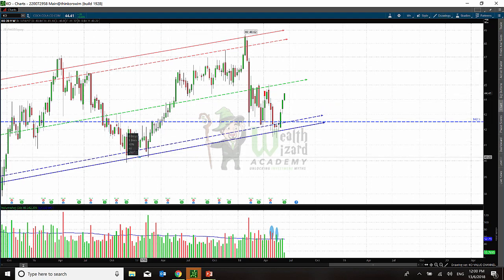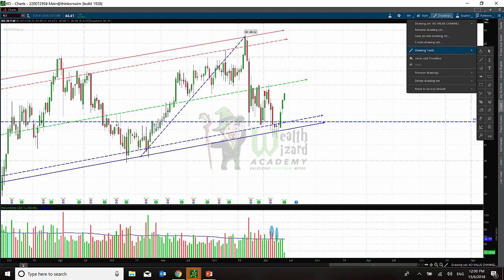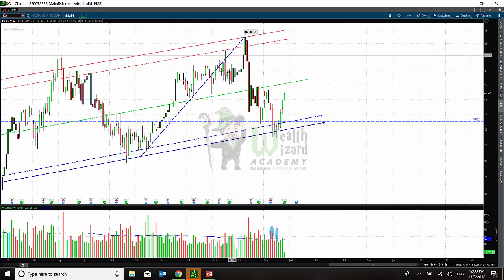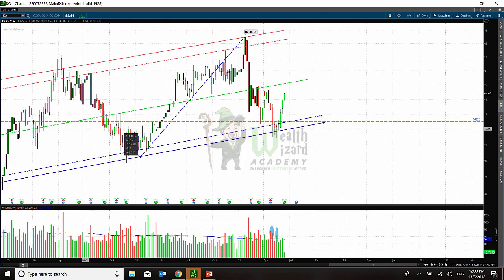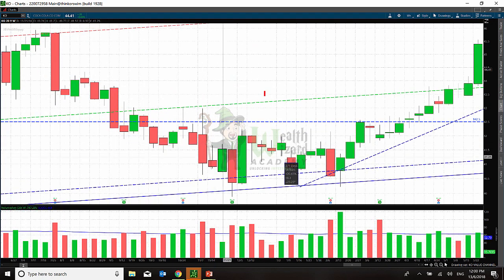So I calculate what the previous price move was. I draw this arrow from the lowest point to the highest point over here. What you can do in the TD Ameritrade platform is double click it, show label, and put it always. So you get this reading which shows how many percent it went up and what the price move is.